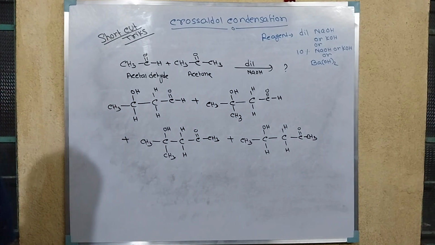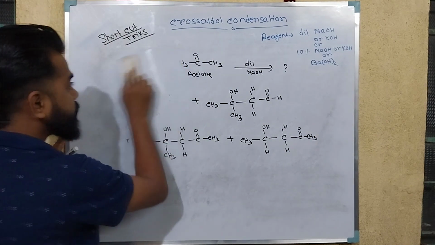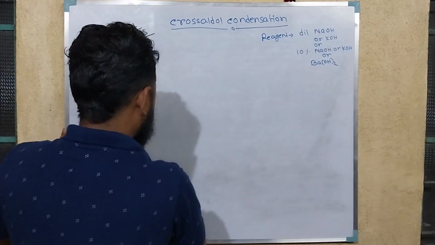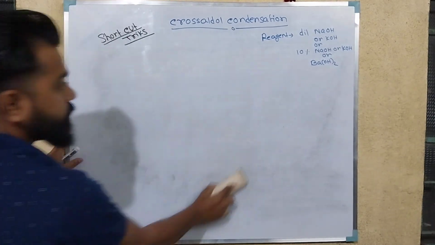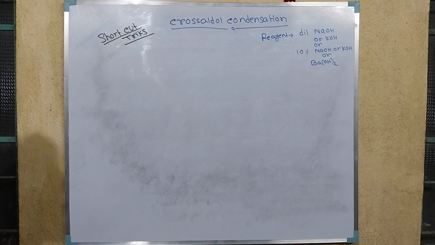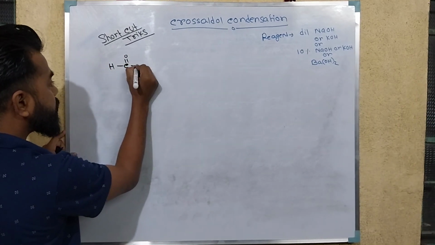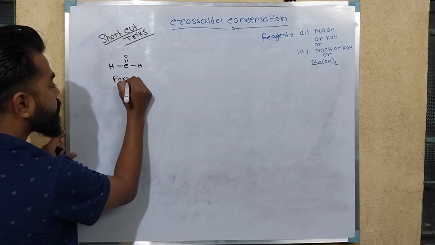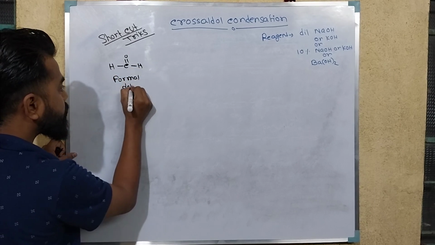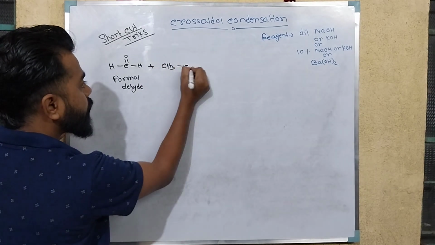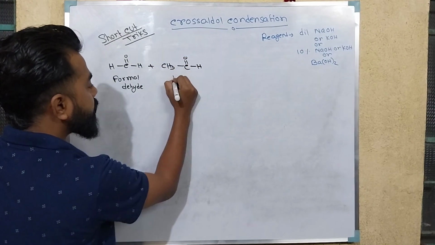Other example. HC double bond OH. This is formaldehyde. CH3 C double bond OH. This is acetaldehyde.